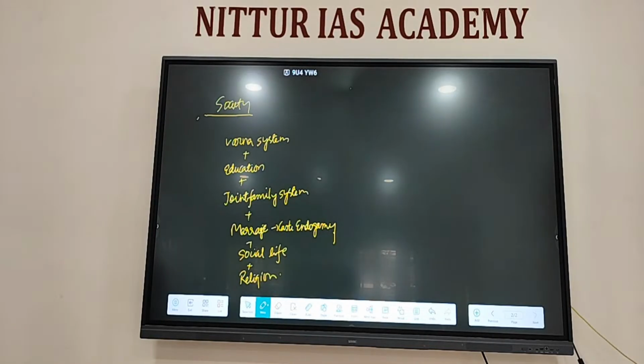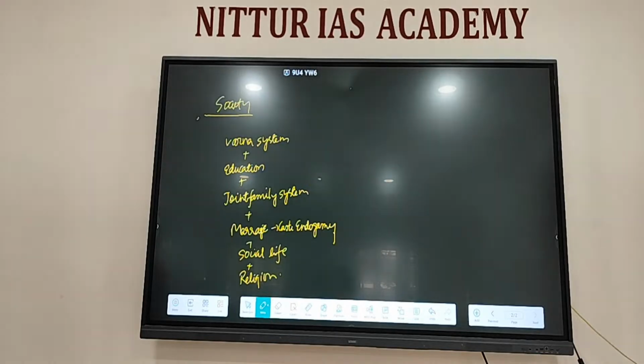In ancient India the institution of sati came, but it got strengthened during the medieval period, especially among the Rajputs. There was a difference between sati and Johar.